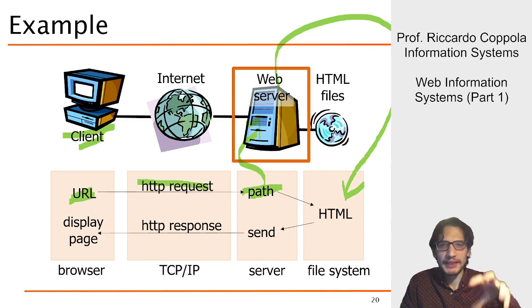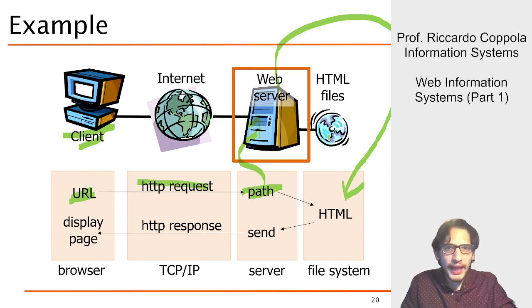So the server takes this HTML file on its disk or on a database and constructs its response to the client. So at this point on the server, I can send the response to the client.